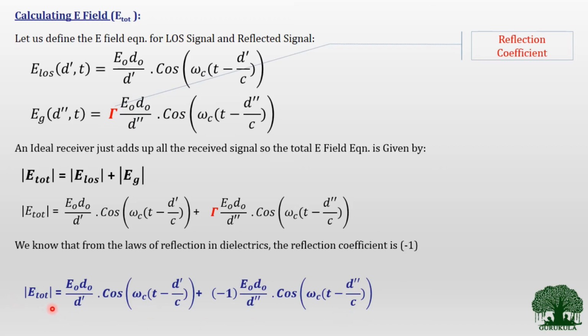This is the final E field which I will be receiving at the receiver side: E naught d naught divided by d prime cos of omega c times t minus d prime by c, minus E naught d naught divided by d double prime cos of omega c times t minus d double prime divided by c. The first term represents the E field for the line of sight signal, and the second term represents the E field for the reflected signal.